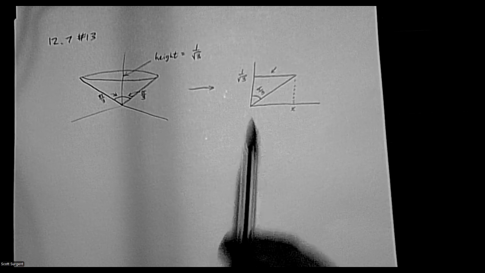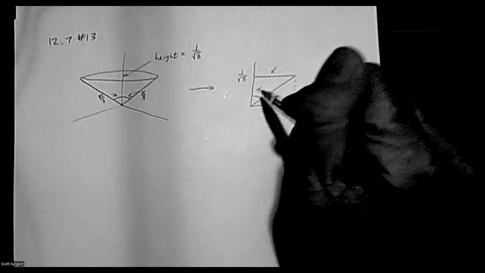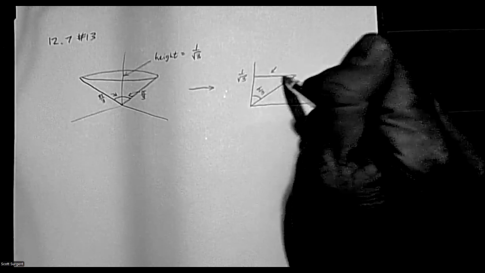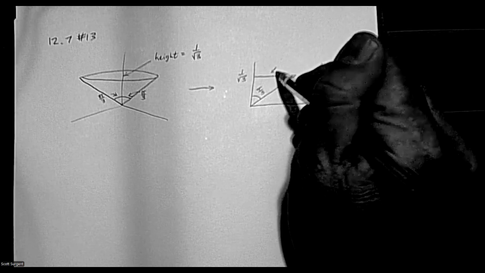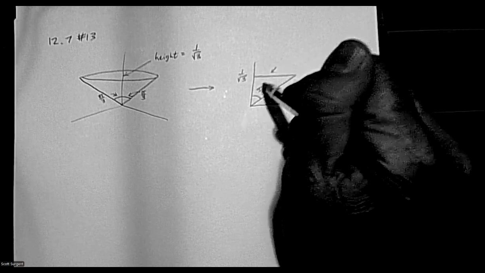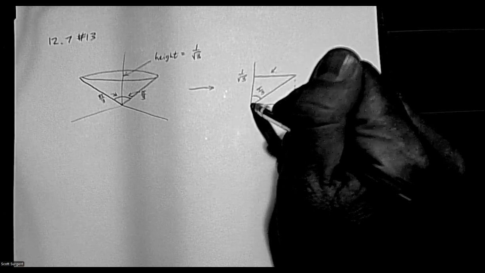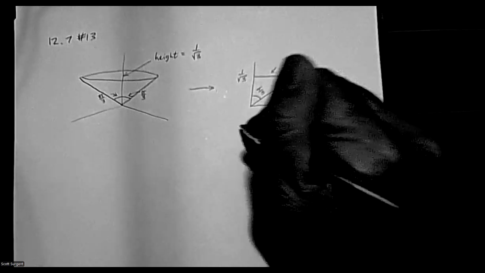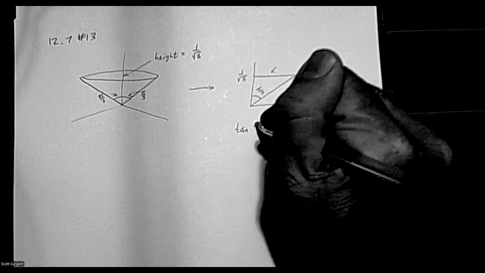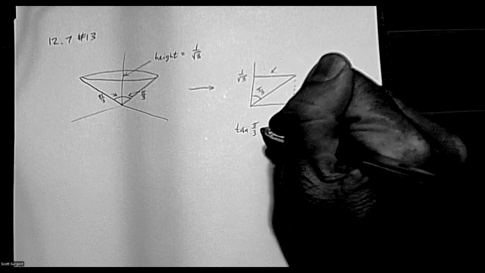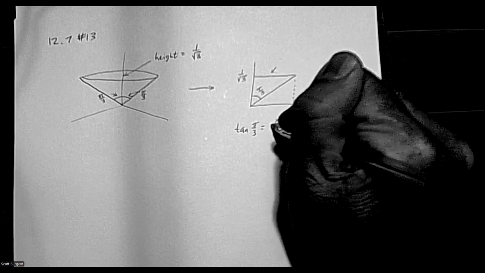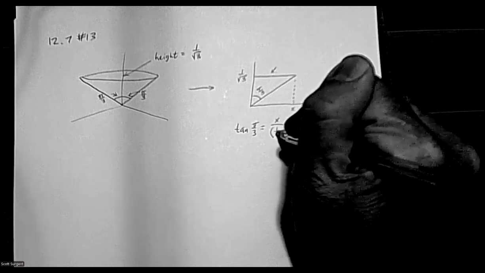So I have a triangle with opposite unknown, or x. The adjacent is 1 over rad 3, and the angle is pi thirds. So I'll relate them with tangent: x over 1 over rad 3.